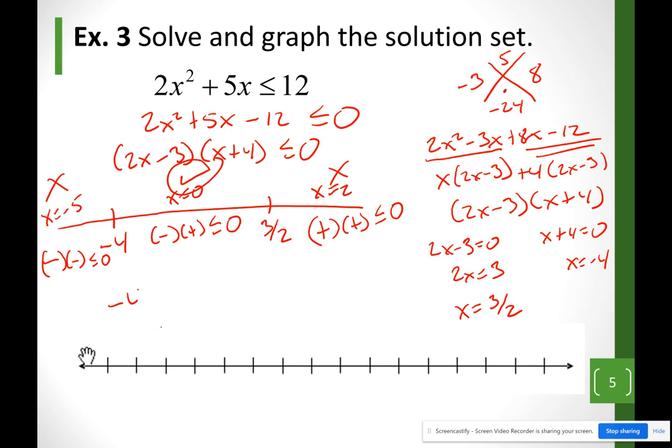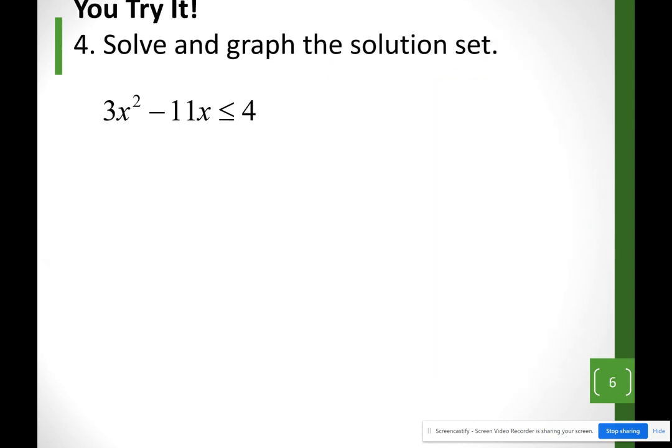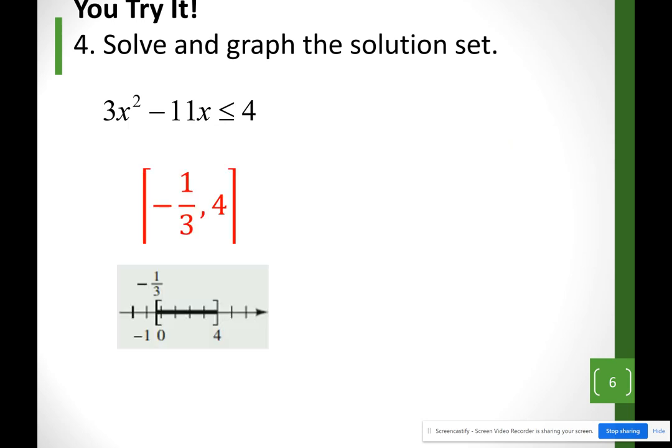It's from negative 4 to 3/2, and I'm using brackets on this one because my inequality sign has that or equal to part. Try this one out. That's what you guys should get.